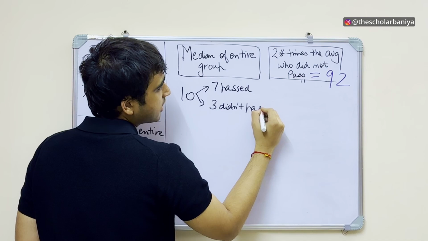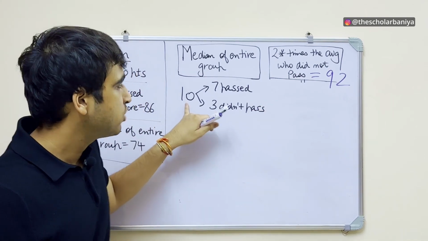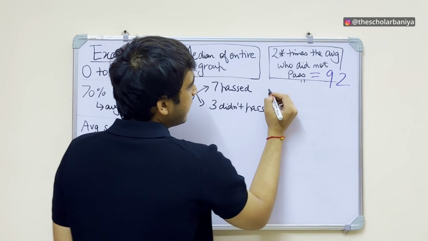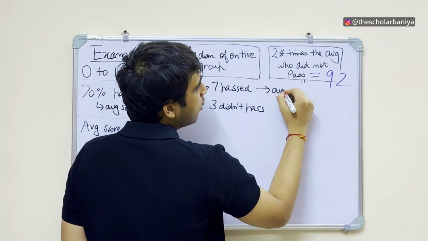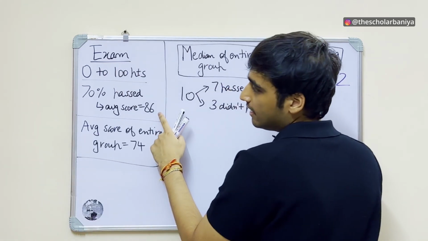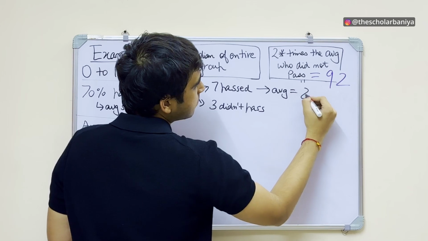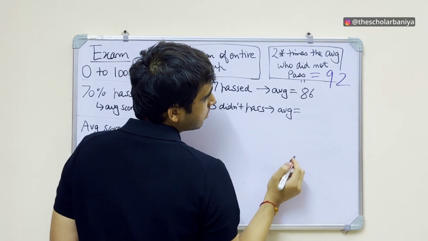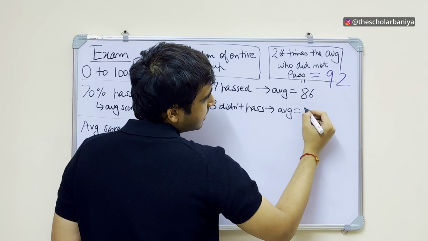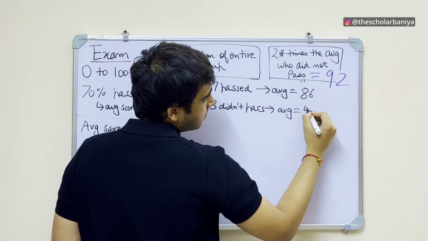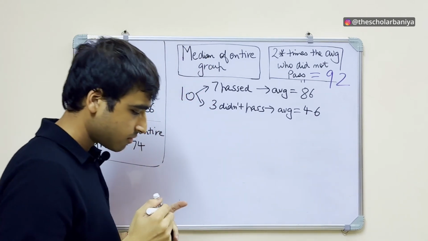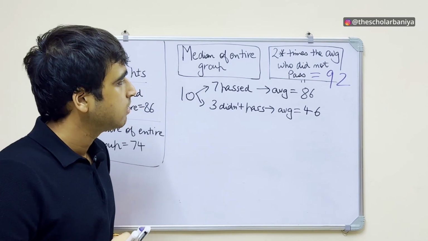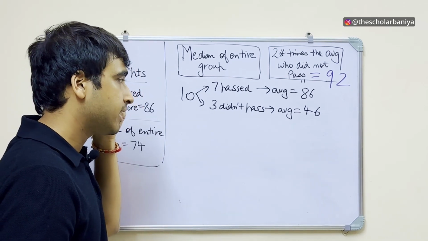The average of those who passed is 86, and the average of those who did not pass is 46. I hope this makes sense.